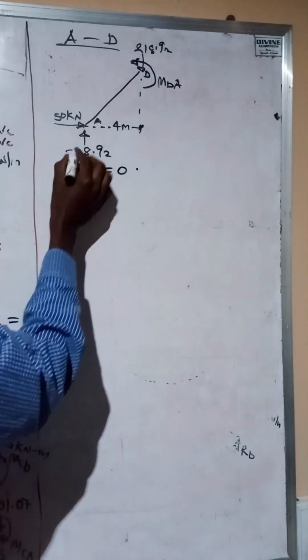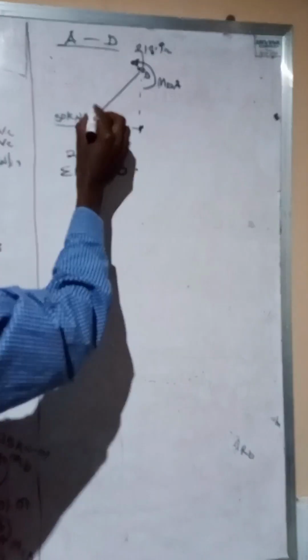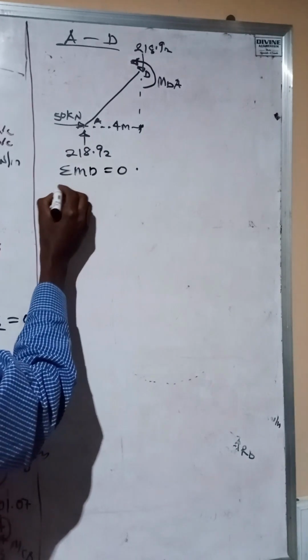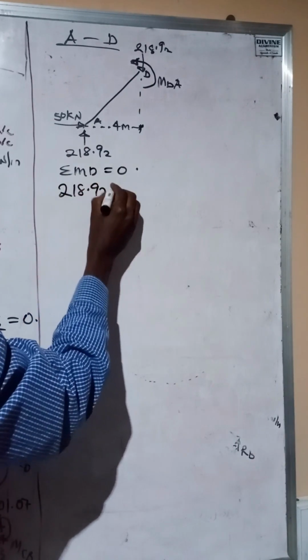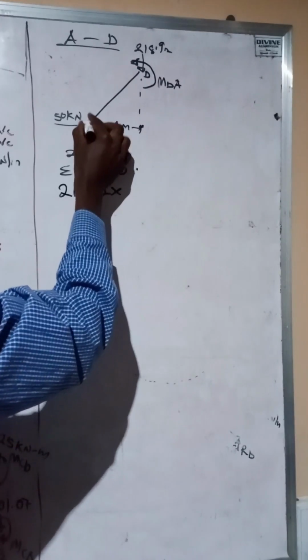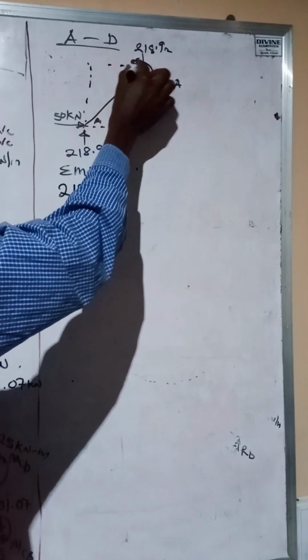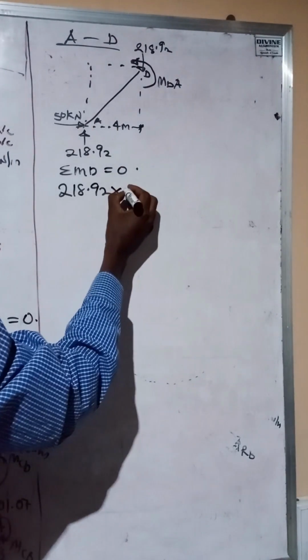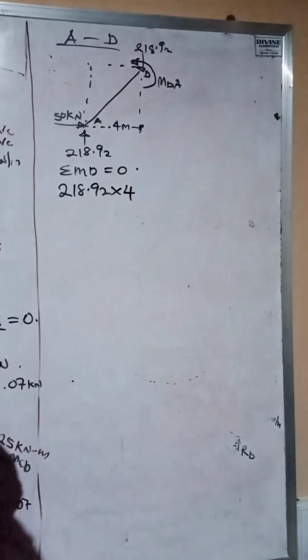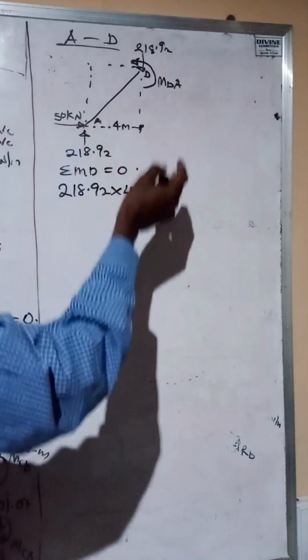So this is a clockwise moment. So we're going to have 218.92 times the perpendicular distance to D, which is 4 meters. So this becomes times 4. Positive moment because it's clockwise.